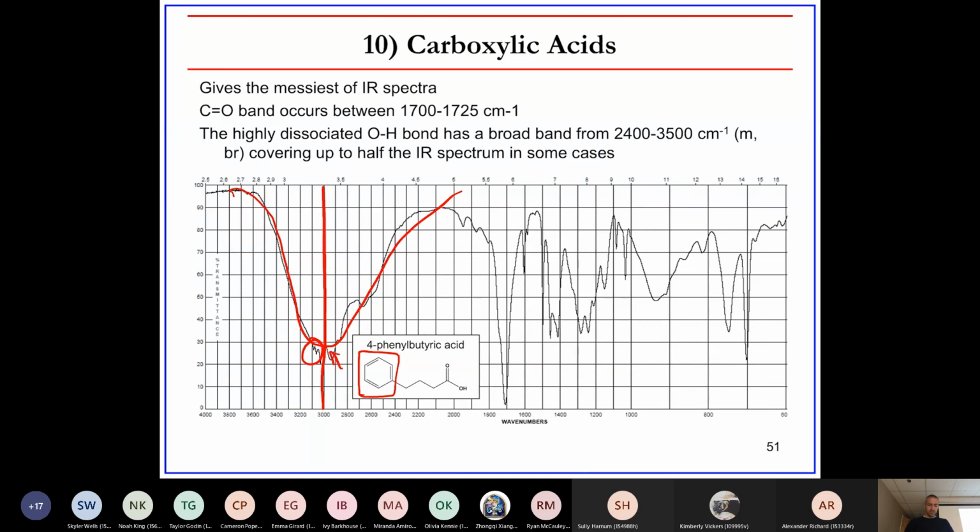There are probably some sp3 CHs, but they're both swamped out by that great big OH peak on the carboxylic acid. So carboxylic acids show this gigantic peak that swamps out the left-hand side of the spectrum. Plus, it shows a carbonyl peak because it's got a carbonyl group, and then a bunch of fingerprint stuff.